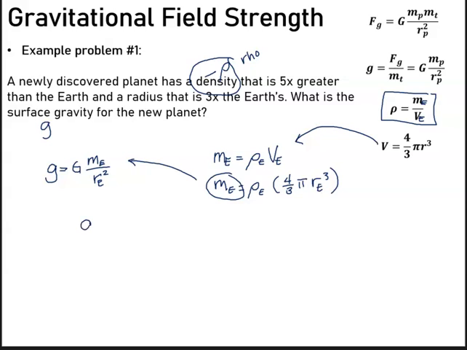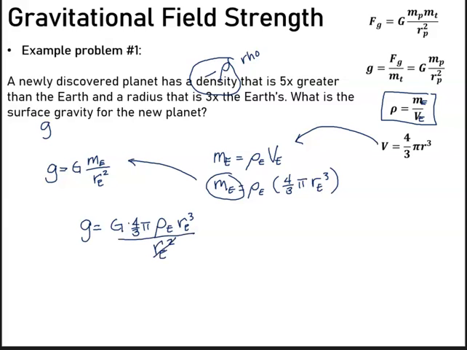So the surface gravity is equal to the gravitational constant times, and I'm going to pull out all of my constants when I do this, 4/3 pi, times the density of the Earth times the radius of the Earth cubed divided by the radius of the Earth squared.